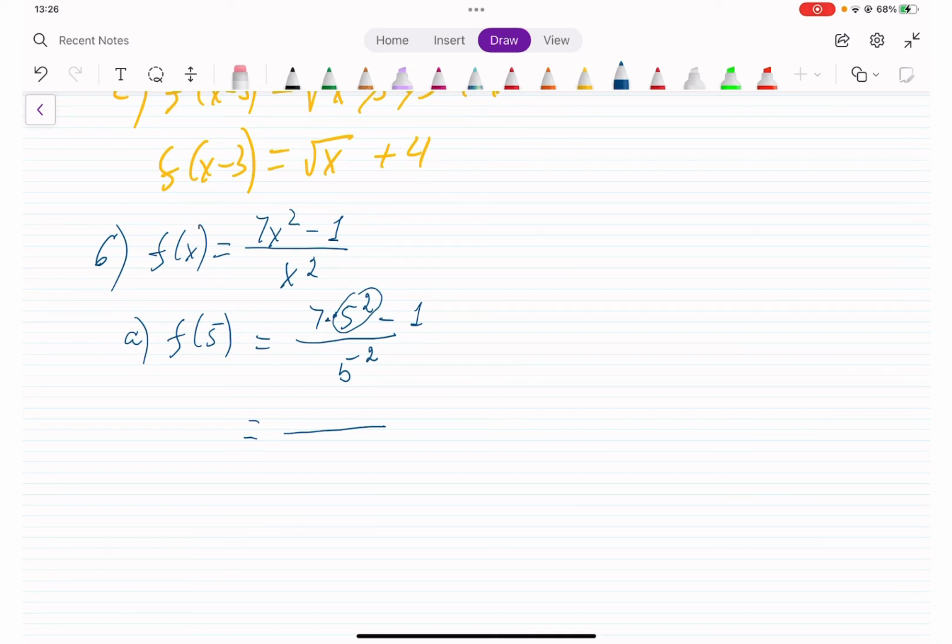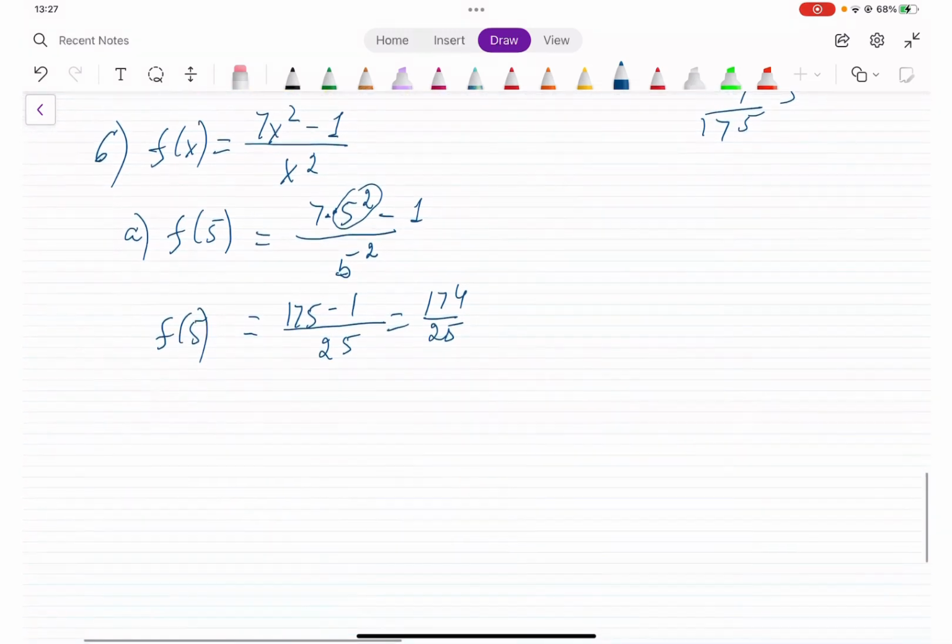Remember, order of operation. 5 squared is 25. And 25 times 7 is 175. Minus 1. And we divide by 5 squared, which is 25. So 174 over 25. Number B.